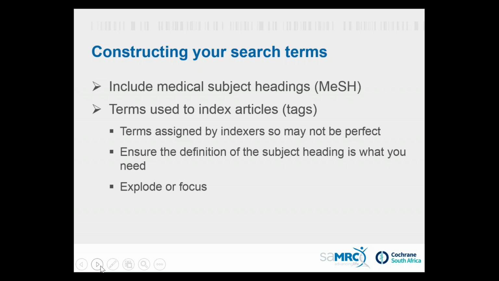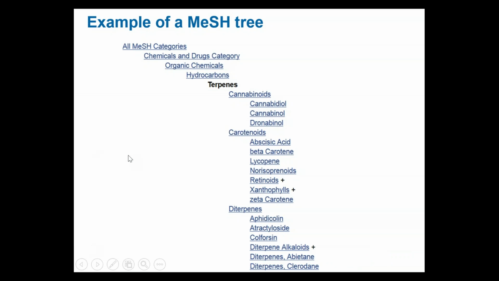MeSH headings normally appear in a tree, and you'll see from the next example that at the top it has cannabinoids, and there's carotenoids, etc. So you need to decide, do I need to search for all of this, or do I only need to identify certain terms to be included in my search strategy?